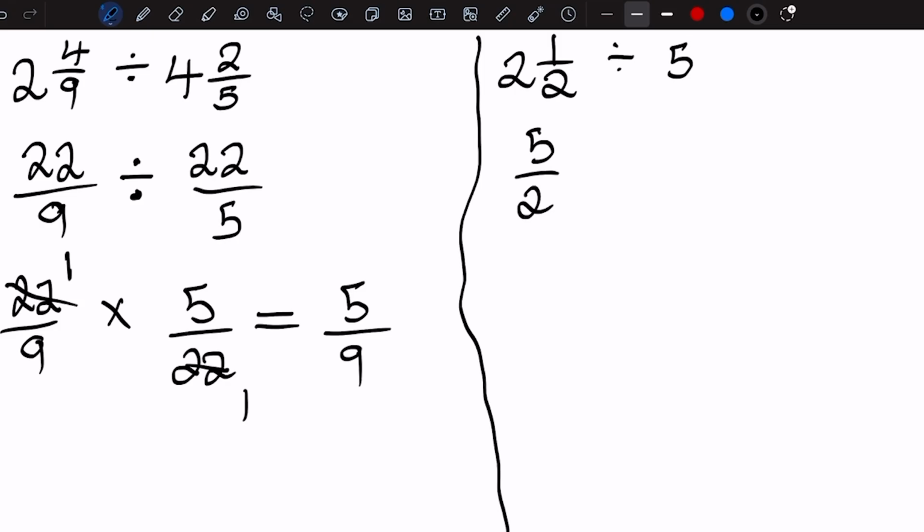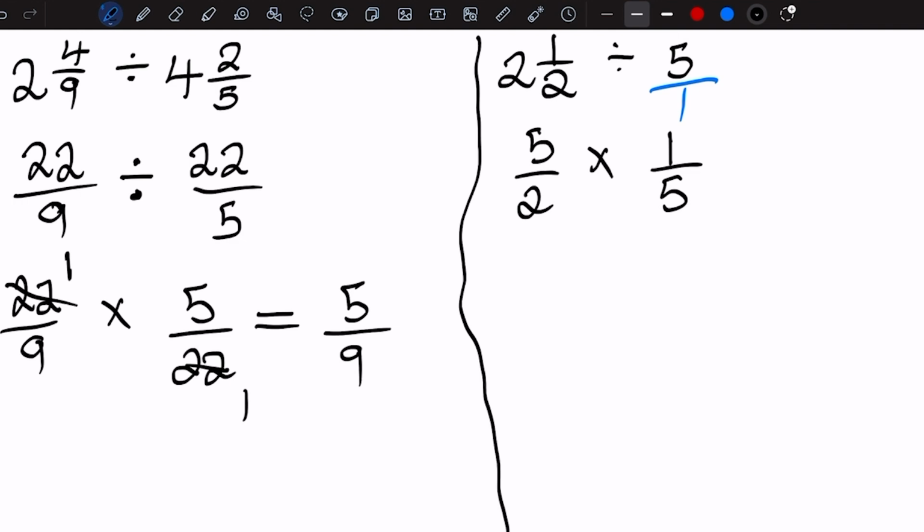And remember, the whole number is already a fraction, so we don't have any changing to do for that. We can just go right ahead and do the change of sign and reciprocal, because 5 is not a mixed number. So we'll just do it right away to save time.